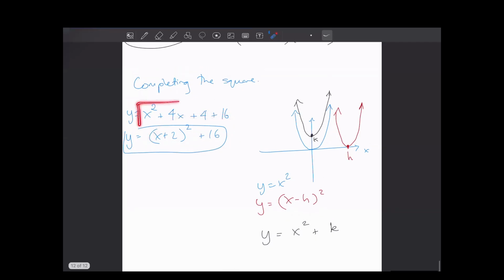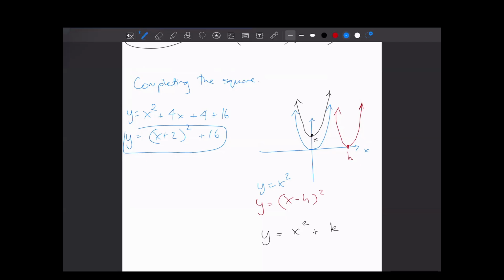You can't graph your parabola directly if you have this, but if you have this, we know my parabola is going to be shifted 2 to the left and 16 up. The turning point is going to be 2 to the left and 16 up.